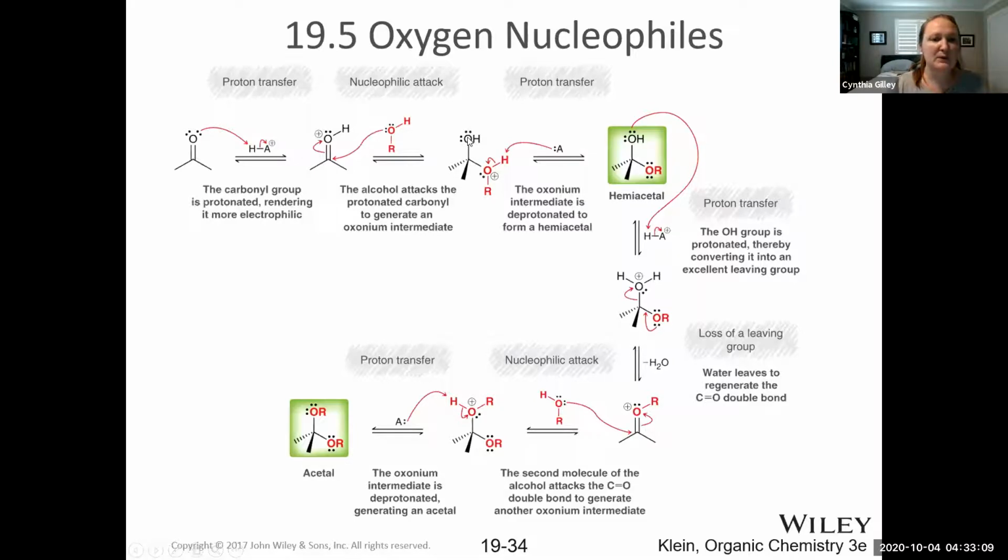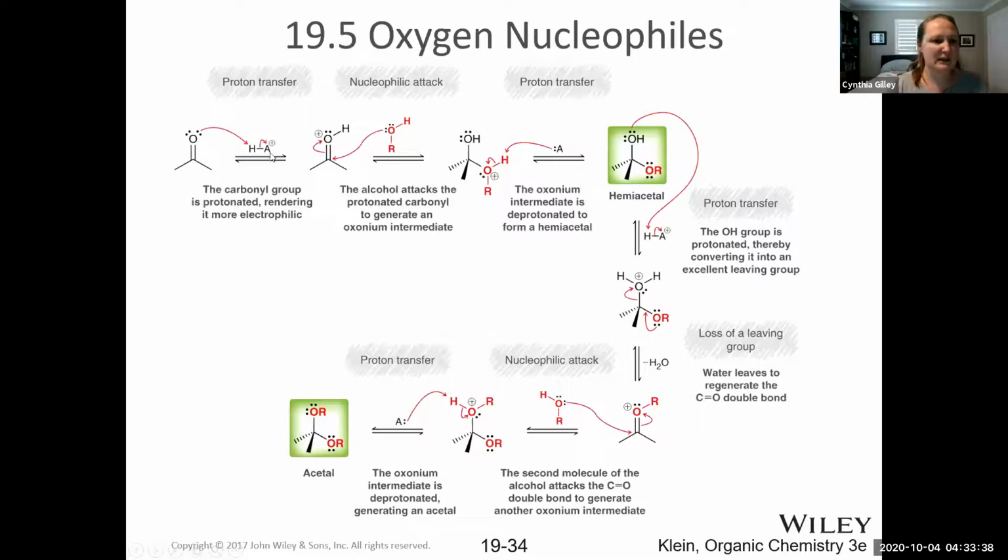But we cannot do that right away, because if we did that right now, we would have an intermediate with 2 positive charges, and that's unreasonable. So it makes much more sense to deprotonate the positively charged oxygen and then add a proton to the other oxygen, right? A series of proton transfers that avoids having an intermediate with 2 positive charges is very reasonable.